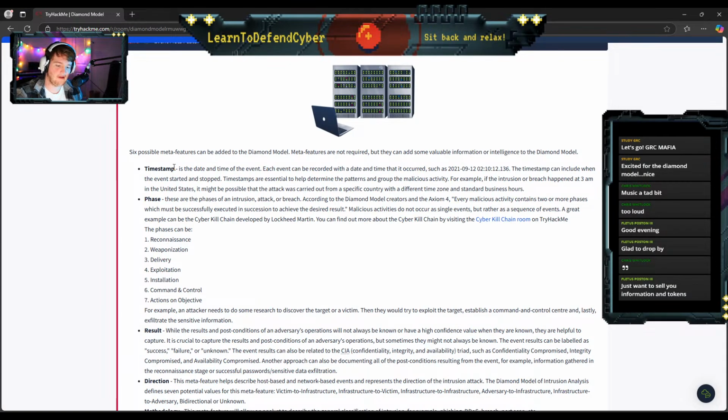All right, phases. There are phases of an intrusion. We've talked about this with the cyber kill chain: recon, weaponization, delivery, exploitation. If you were to identify that this adversary is in the weaponization, or let's do a phase that you can actually detect, the delivery phase, right? You're getting a bunch of phishing emails.